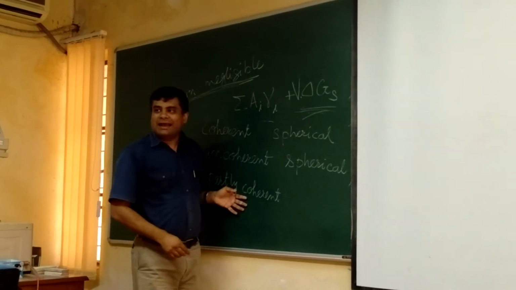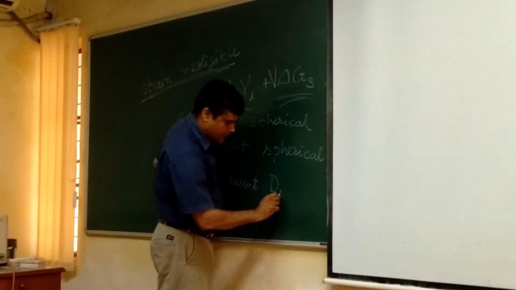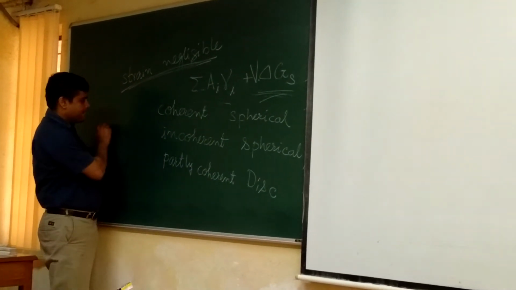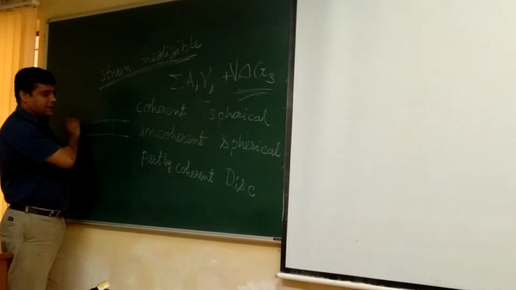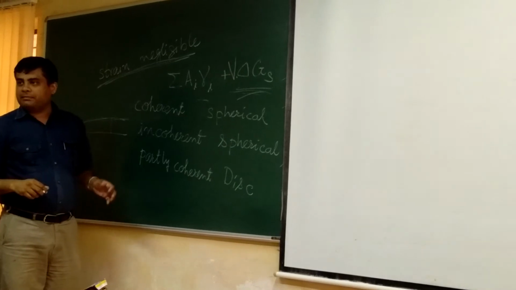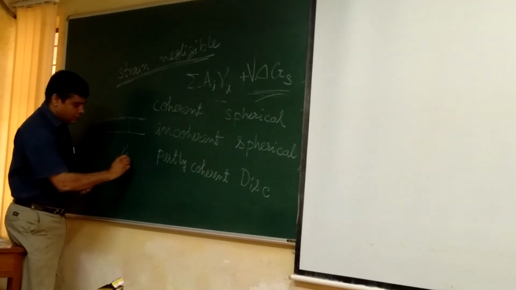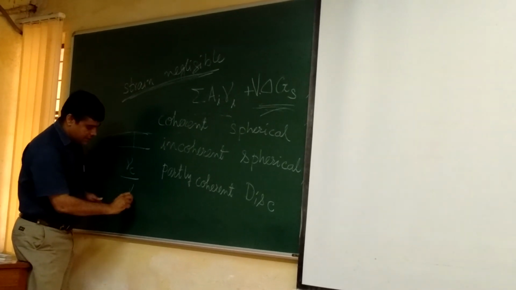So in that case this will be disk shape, where this thickness and the diameter ratio will be given by the coherent interfacial energy divided by the incoherent interfacial energy.